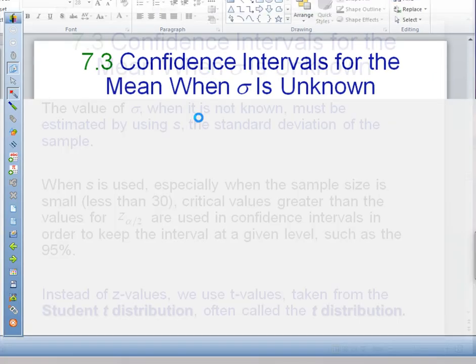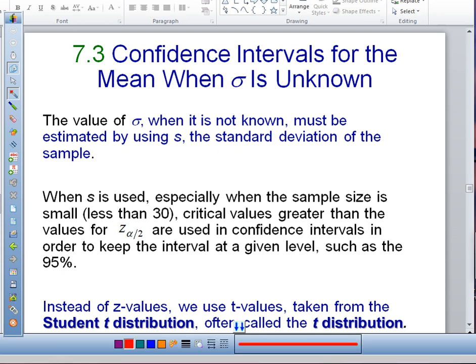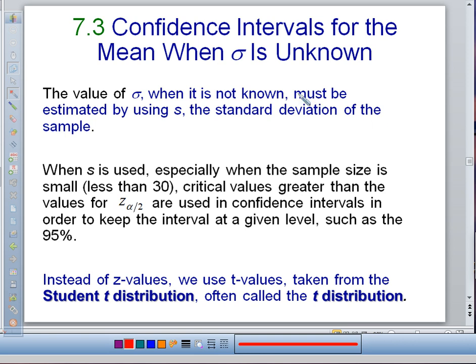So very, very often, this is the next page of your notes, we do not know what sigma is. So instead we're going to use S to estimate that. However, when you're using a sample standard deviation, you're going to be off by a little bit. You're not going to be perfectly accurate because it's not sigma.